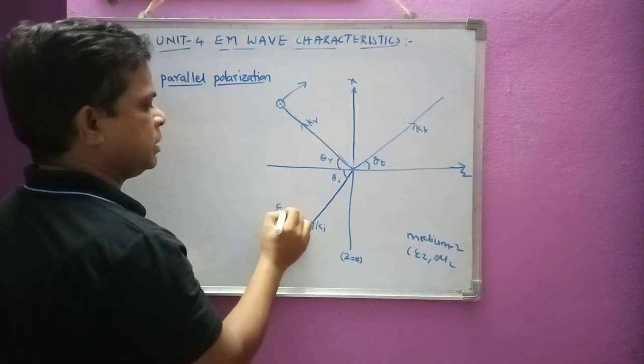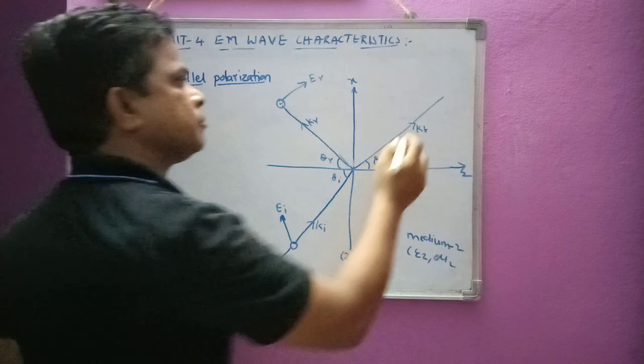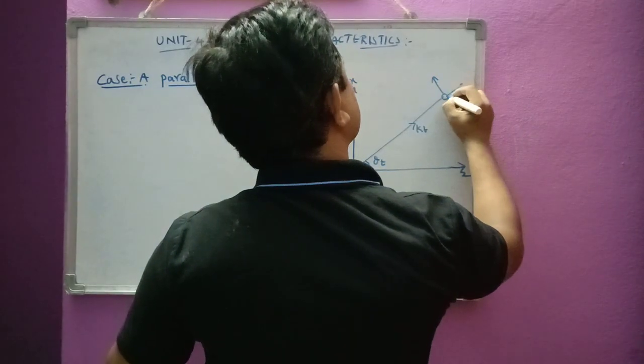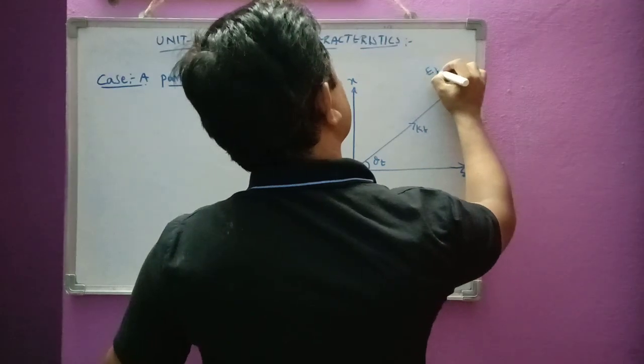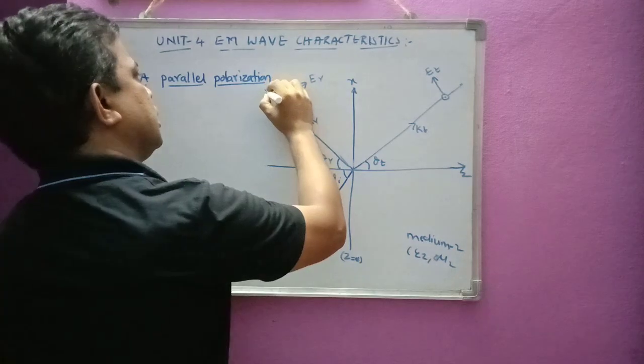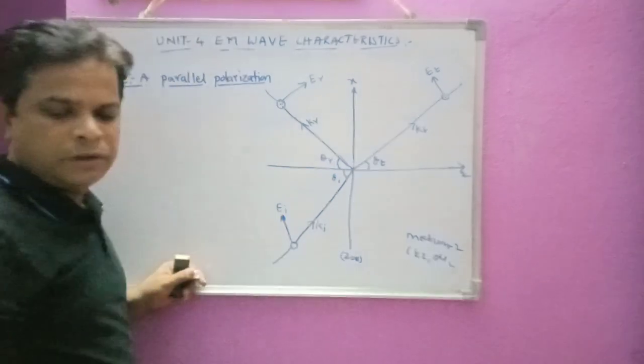So this is EI and this is ER, and similarly this is ET. So here we are having EI, ER, and ET, that is the incident electric field, reflected electric field, and the transmitted electric field.